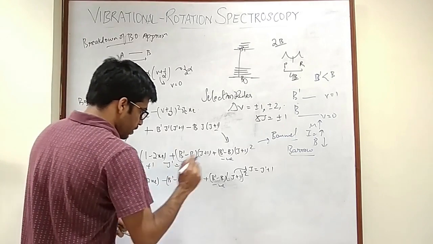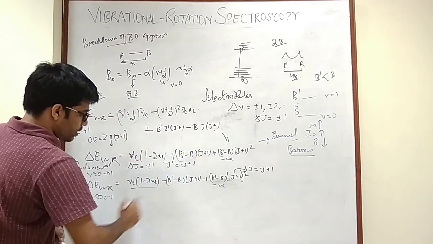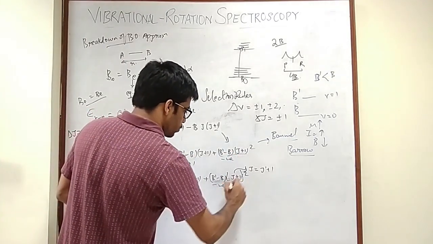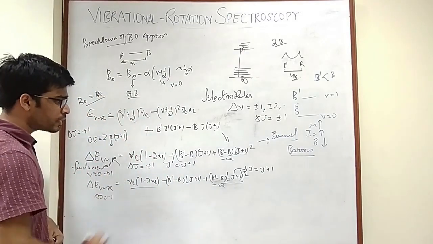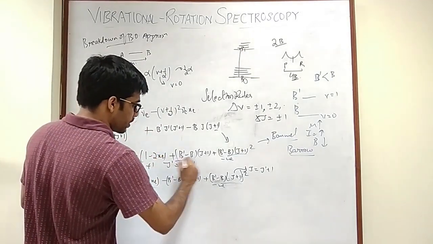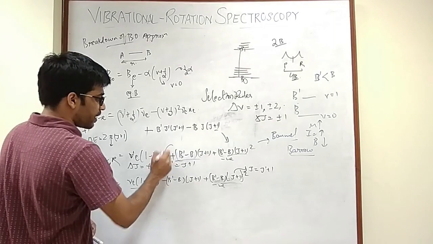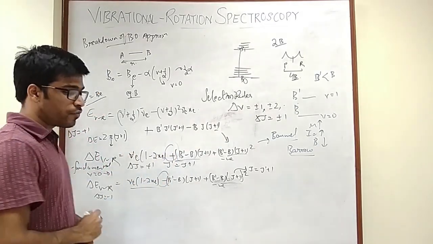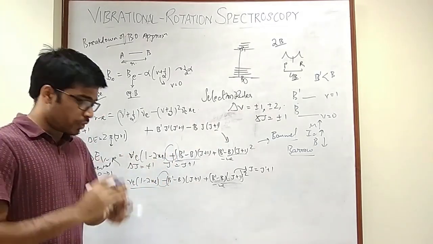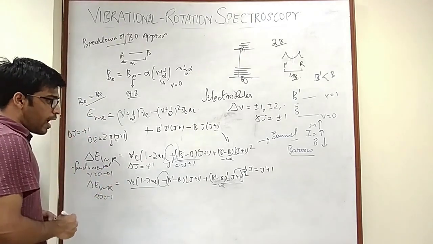If that is understood, we know this is a constant, this is a constant. The only thing that is going to make a difference is this, because it has a plus sign, and this has a minus sign, for delta J plus 1 and delta J minus 1. How would it look?